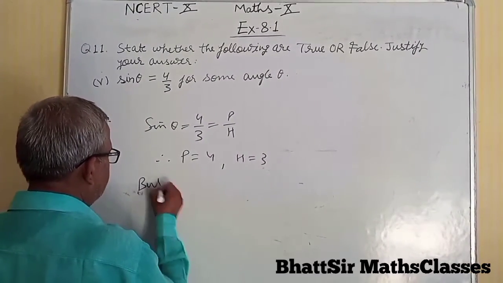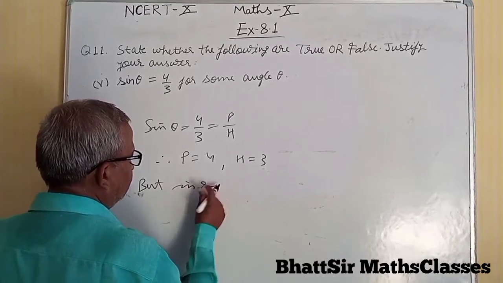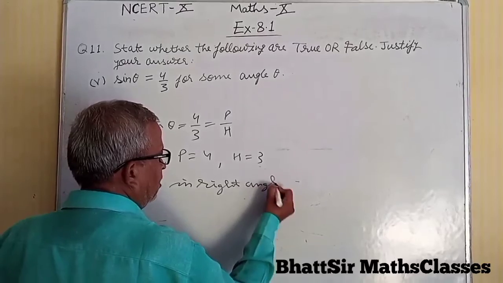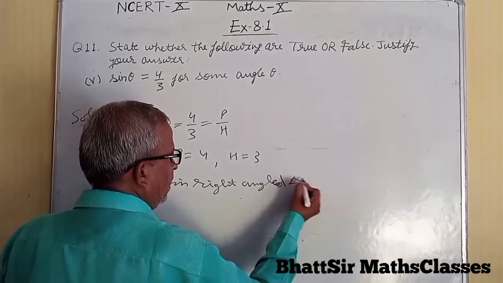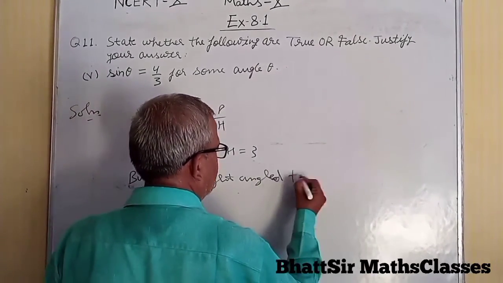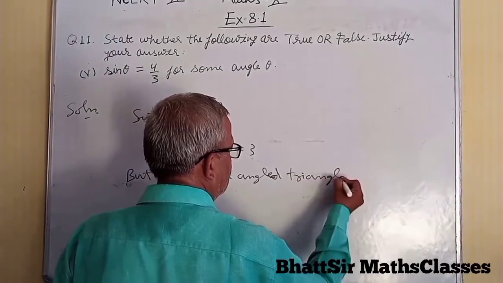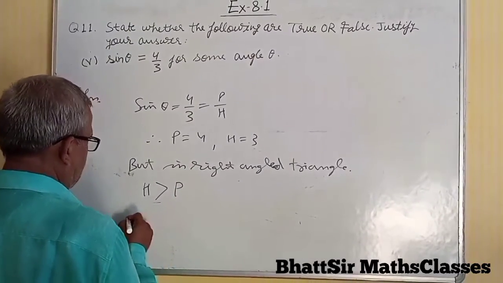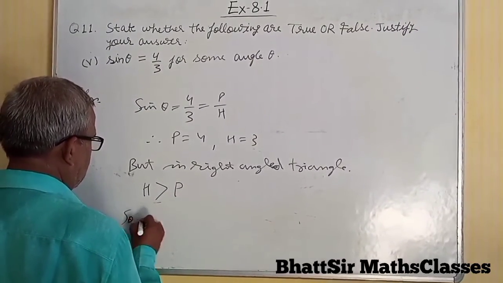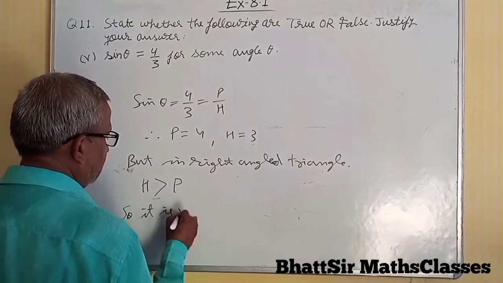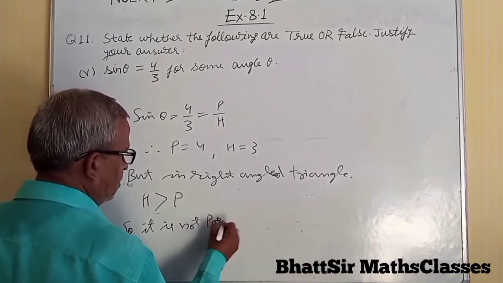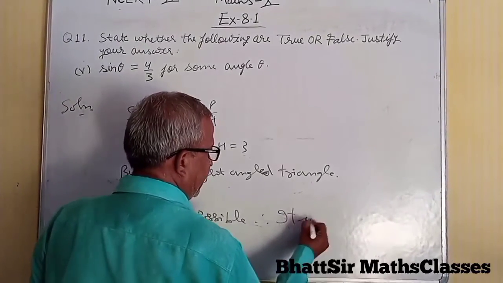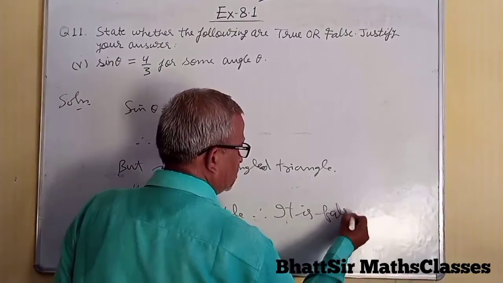But in right angled triangle, hypotenuse is greater than perpendicular. So it is not possible. Therefore, it is false statement.